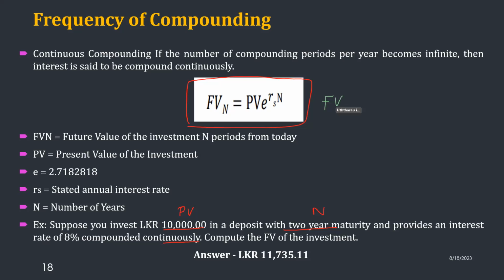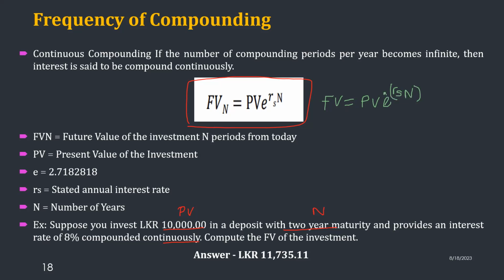Future value equals present value times e to the power of R times N. This is the power sign, so this part should be a power of this.